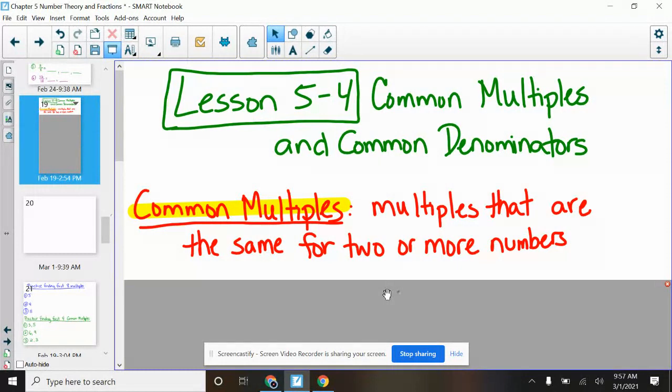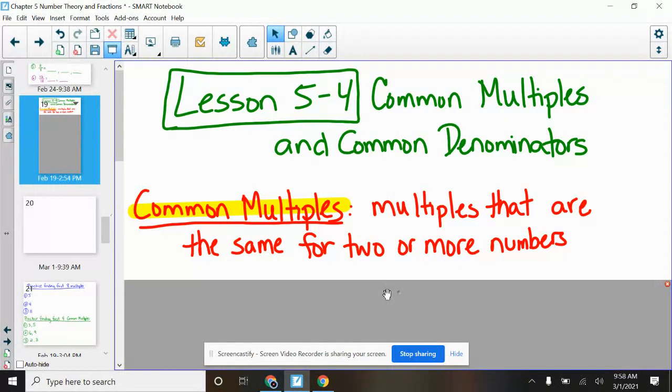Like earlier in the chapter, we learned this thing called greatest common factors. Greatest common factor is when we played with multiplication facts. Remember, that's why factor and facts kind of sound the same.